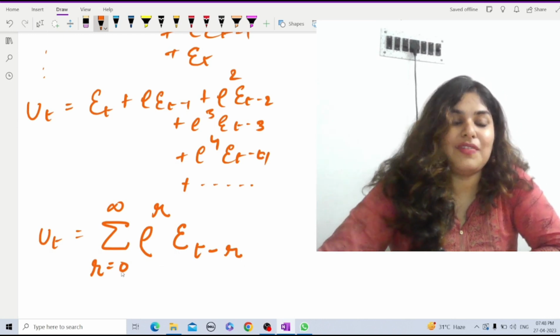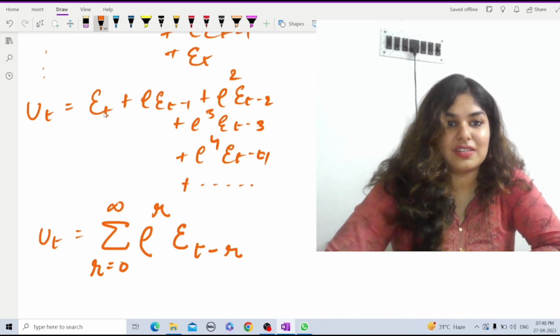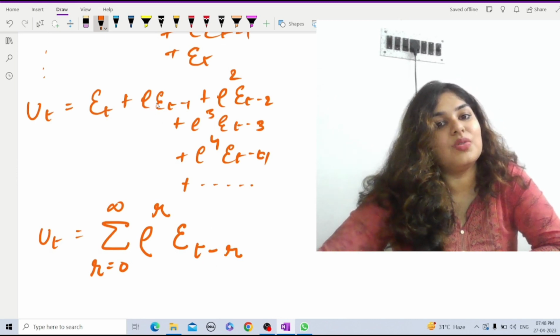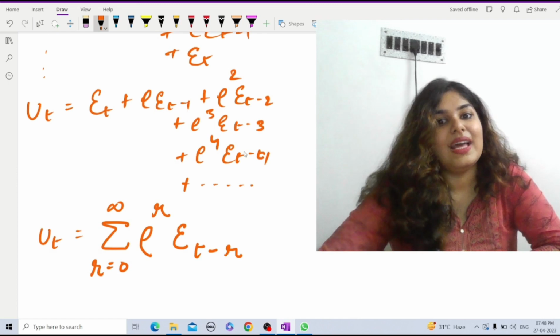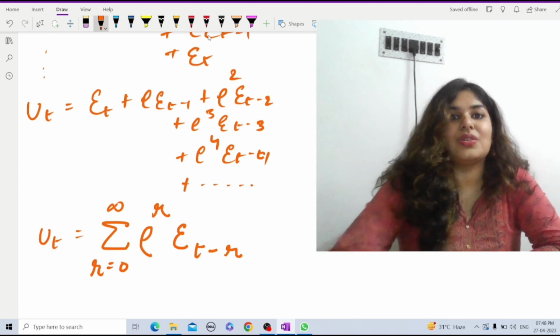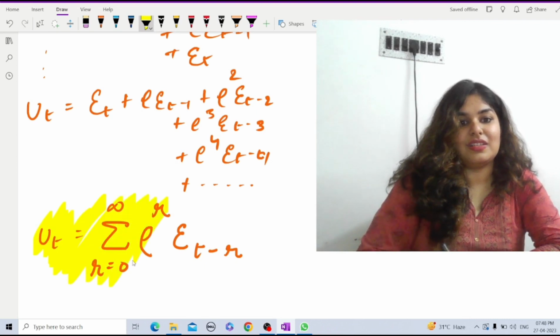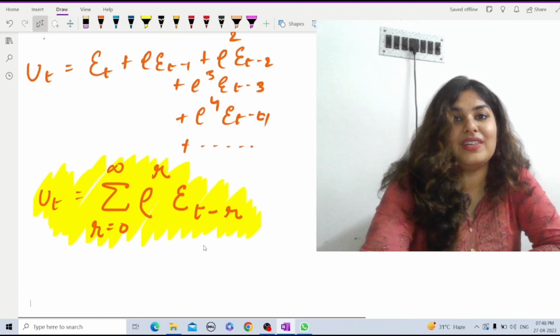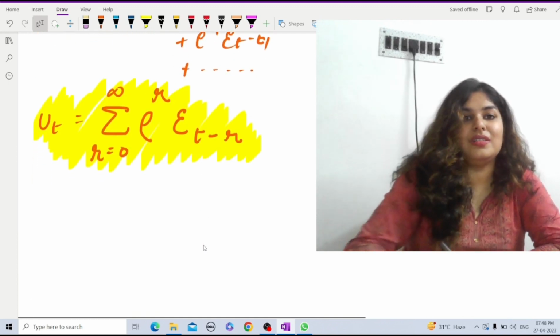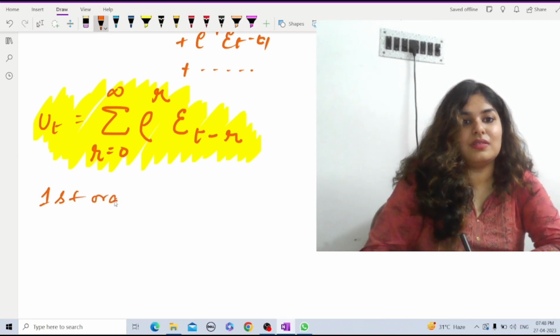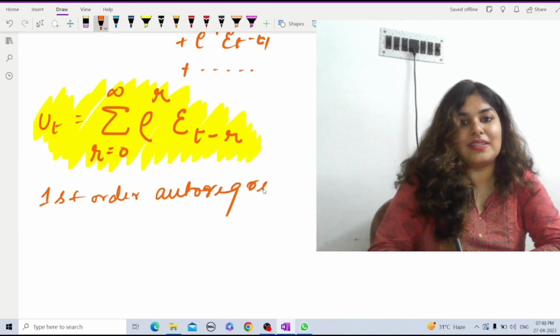If we put r equals 0, we get the first term epsilon t. If we put r equals 1, we get the second term, rho into epsilon t minus 1, and so on. So this is our relation of the disturbance term when it is autocorrelated, also called the first order autoregressive scheme.